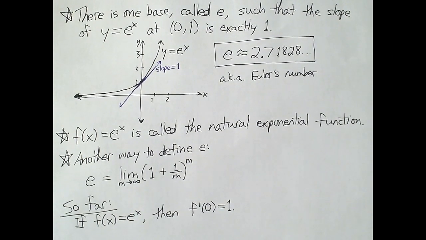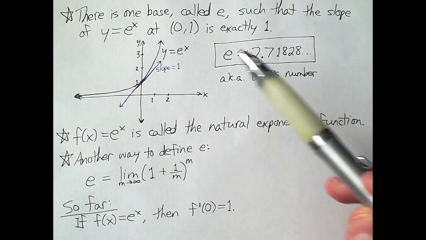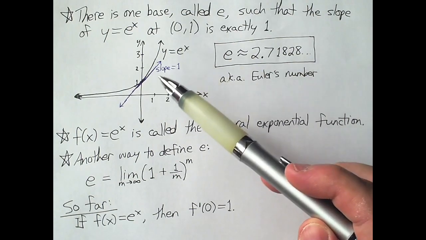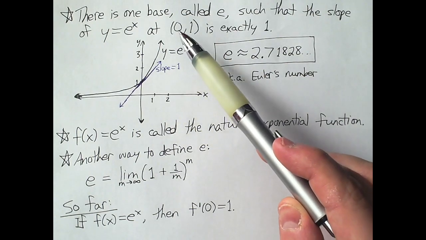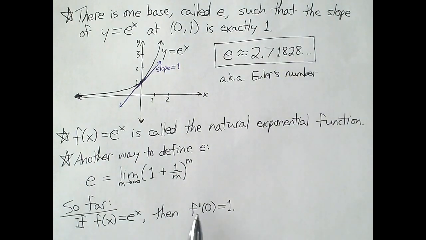Do you agree that we've already said that? Right up here in the sentence at the top of the screen, we said that if the function is e to the x, the slope of the tangent line at x equals 0 is 1. So that's what I wrote here: f'(0) = 1.